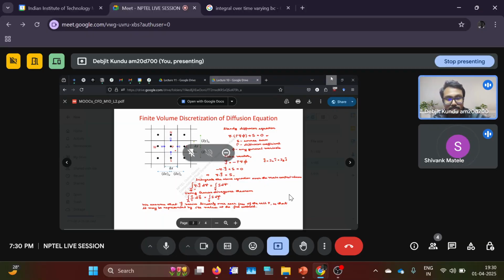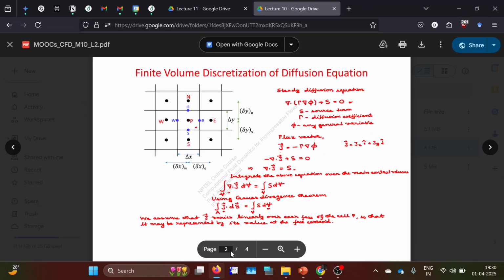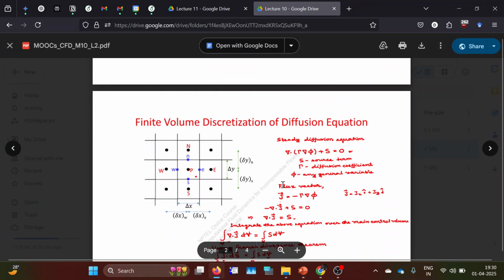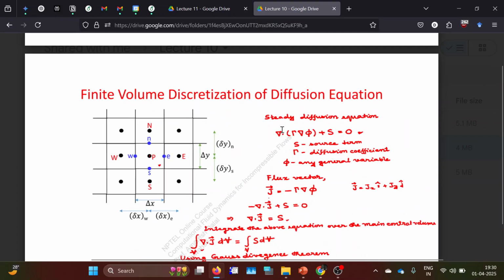It is wrongly written here. If you remember the general transport equation, this is just a simplification of that. Yeah, that I will see.